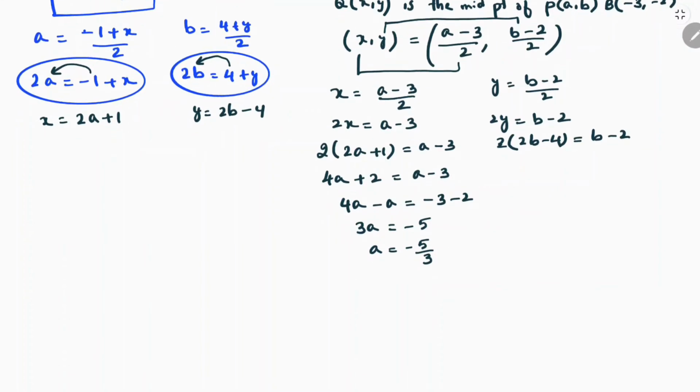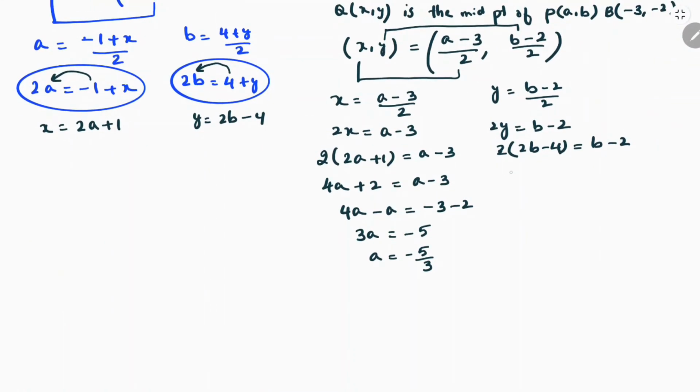Similarly, 2 times (2b minus 4), 4b minus 8, equals b minus 2. So 4b minus b equals minus 2 plus 8, so 3b equals 6, b equals 2.